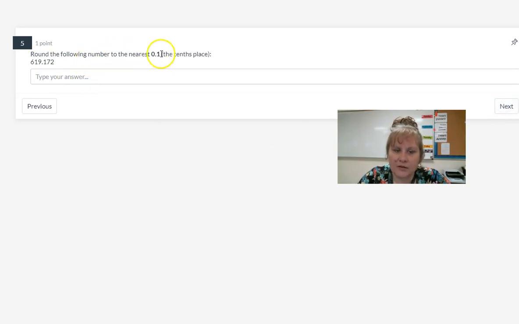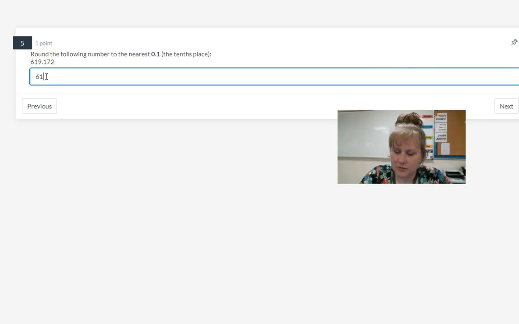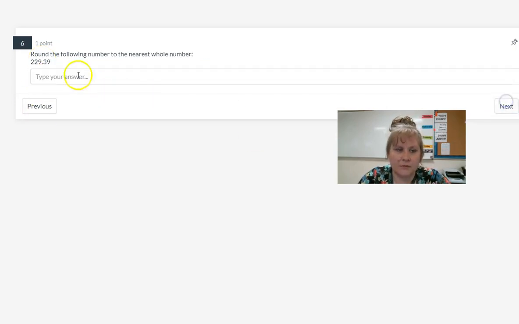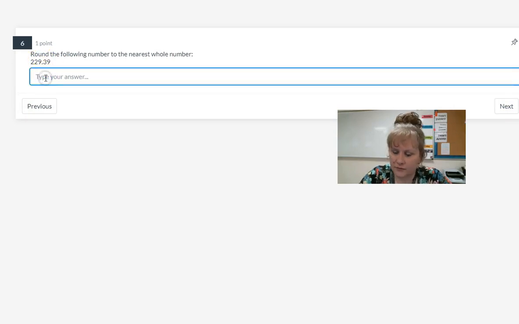Rounding to the 0.1, to the tenth place, that first decimal, 619 point, and it rounds up to a 2. Round to the nearest whole number, 22, and this is a 3, so it's going to stay a 9. Leave off everything else.